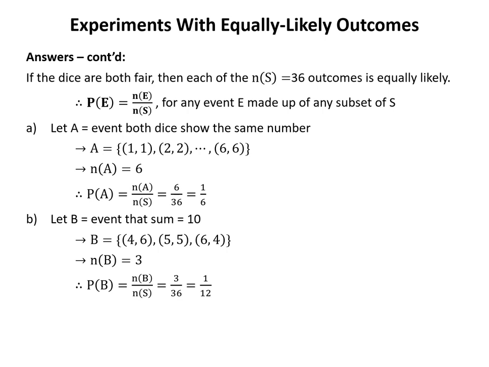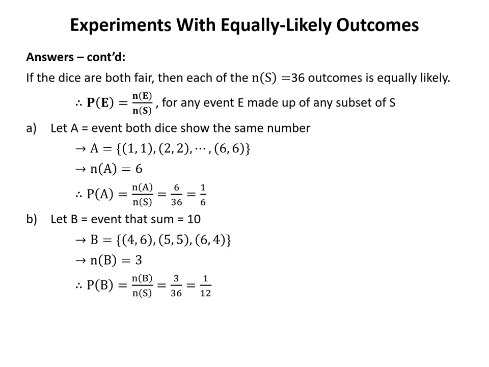So the probability of this event is equal to the number of elements in the event A, which is 6, divided by the total number of outcomes in the sample space, which is 36, which reduces to 1 over 6, or 1/6.